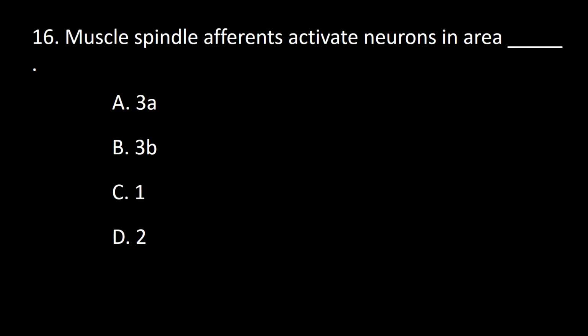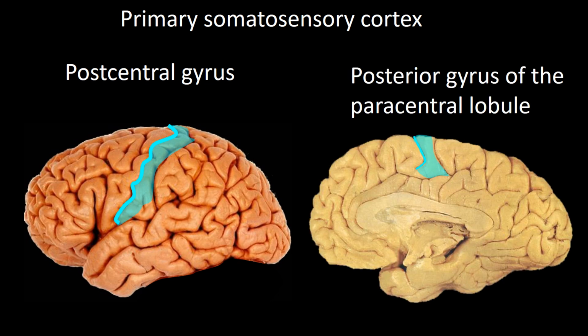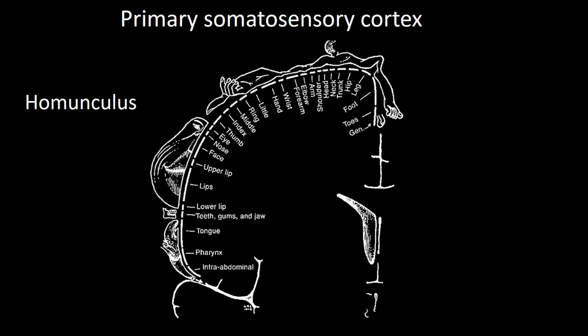Next question. Muscle spindle afferents activate neurons in area A, 3A; B, 3B; C, 1; D, 2. The primary somatosensory cortex occupies the postcentral gyrus and the posterior part of the paracentral lobule. The areas occupied by the different body parts are represented in this drawing for men. Notice the position of the foot, the back of the head, and teeth.